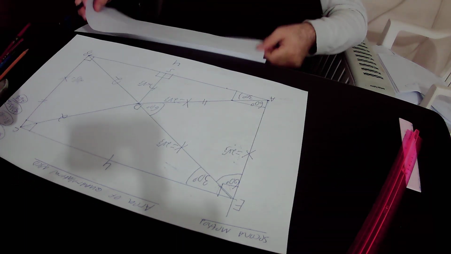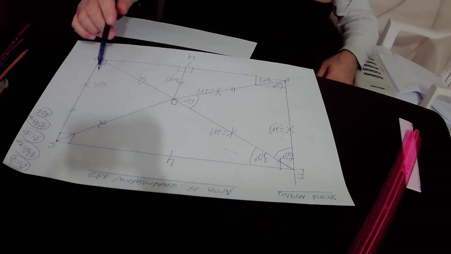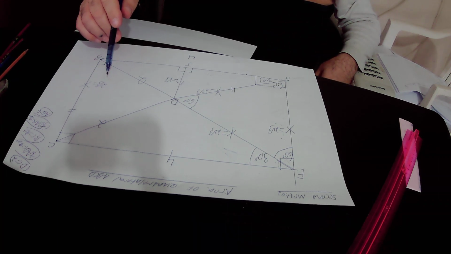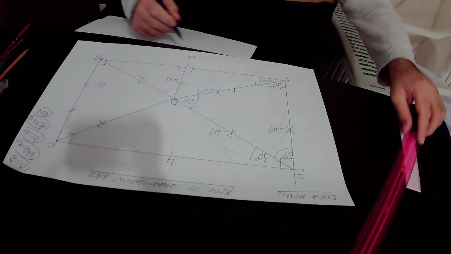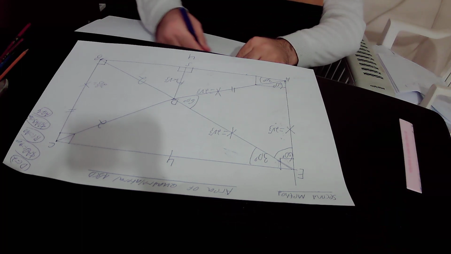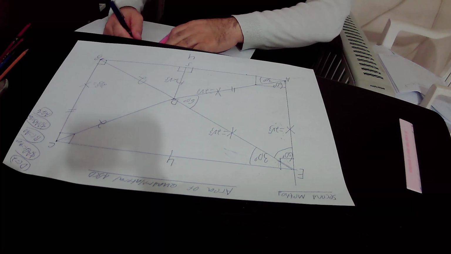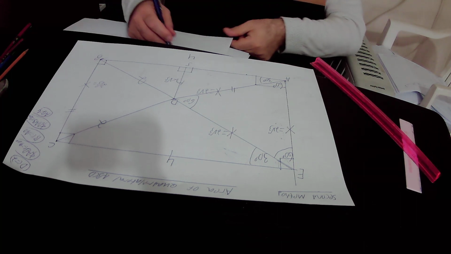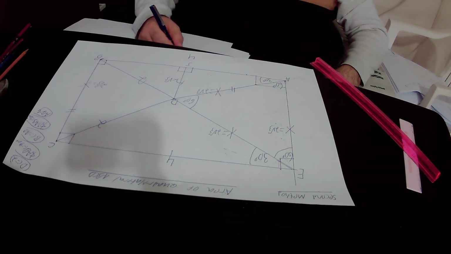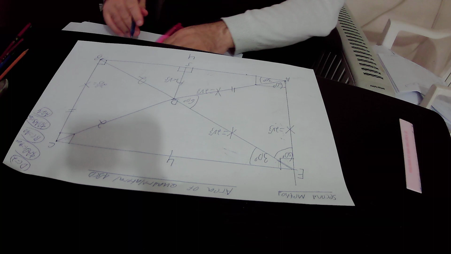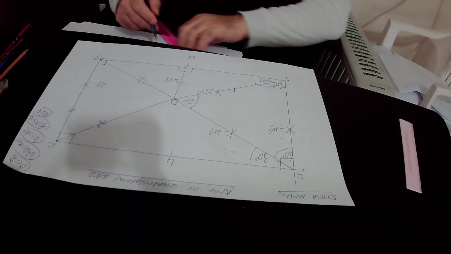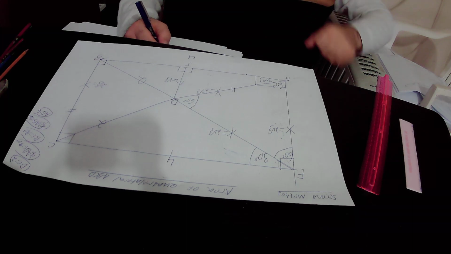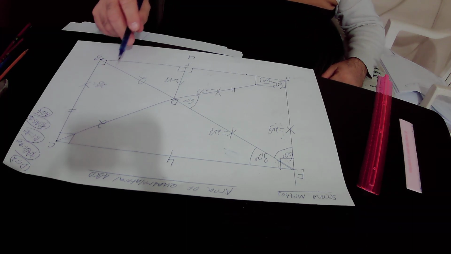And the only thing that is left to do is to find out the area of triangle DBC. We'll find out the area of triangle DBC by using a special formula.